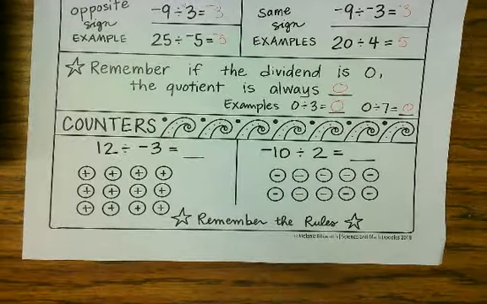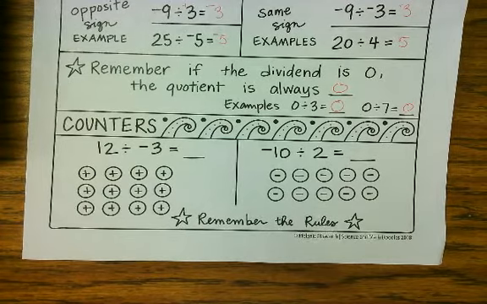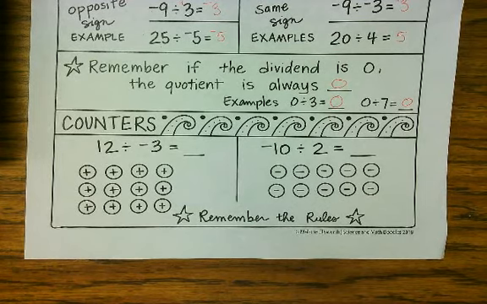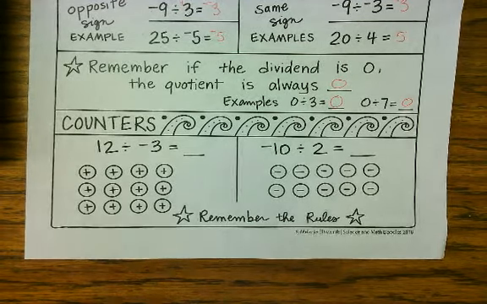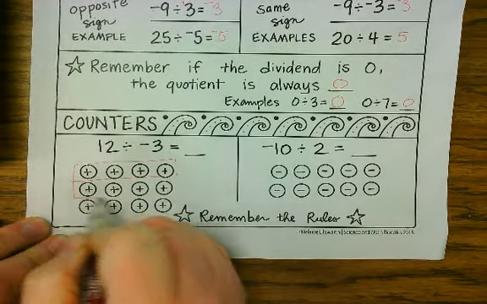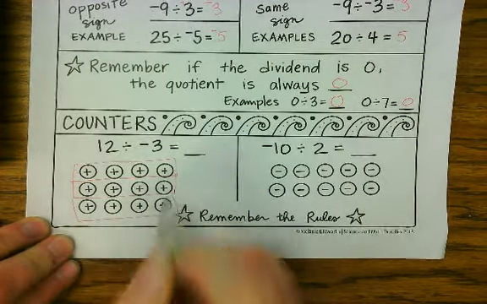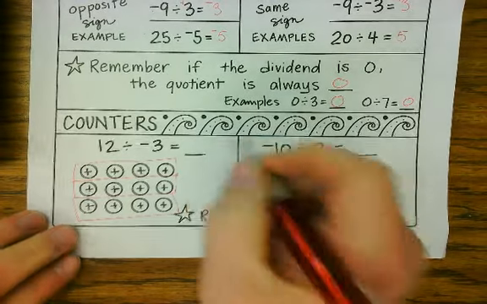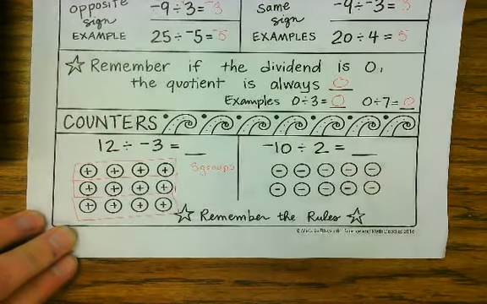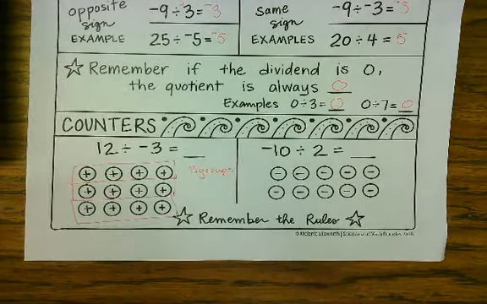Alright, next part. Let's look at the 12 divided by negative 3. What does that really look like? Well, I have 12 positives divided by 3. So we break it up into 3 groups. 1, 2, and 3. So I still have my 3 groups of what?